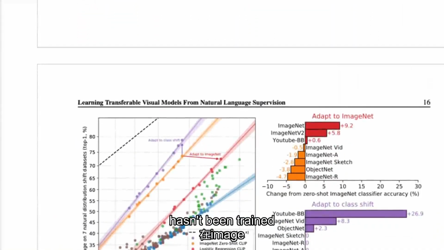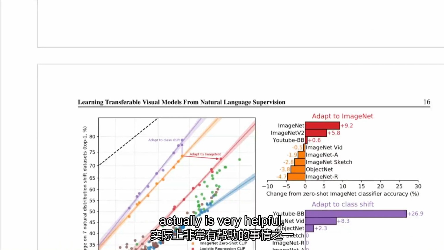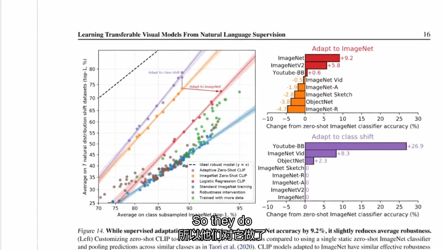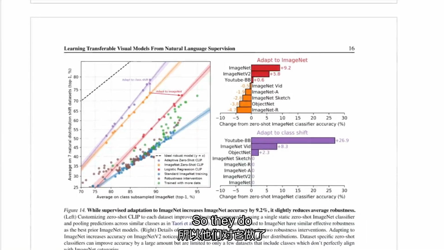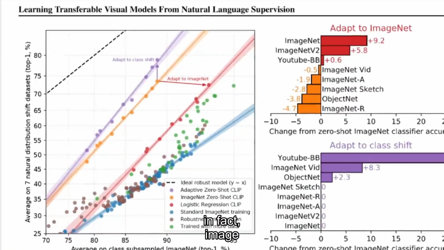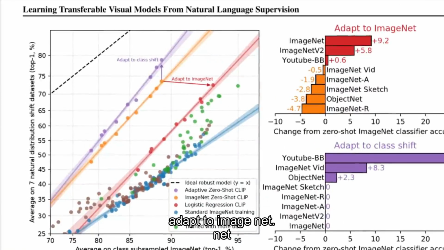And the fact that it hasn't been trained on ImageNet might be one of the things that is actually very helpful. So they do some investigation into it, including that you can in fact adapt to ImageNet.